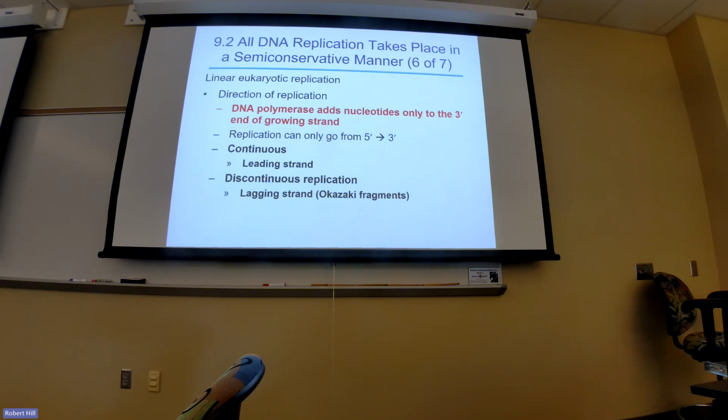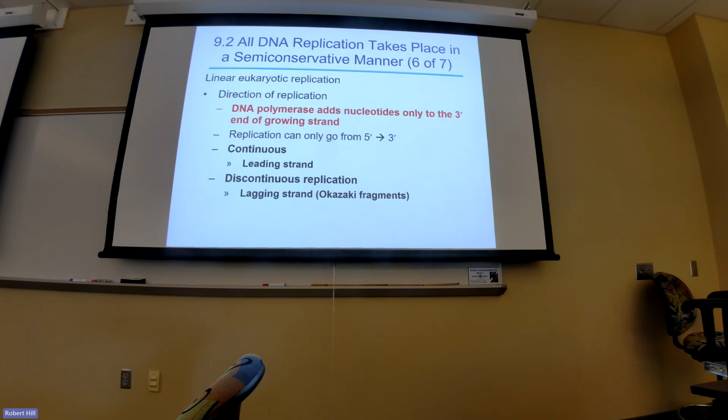Here are our base pairs. This is 5', this is 3'. Let's put a primer down here, which is the first step. The primer has polarity as well. This is 5', this is 3', this is 3', this is 5'.